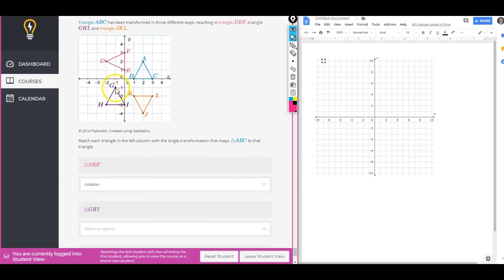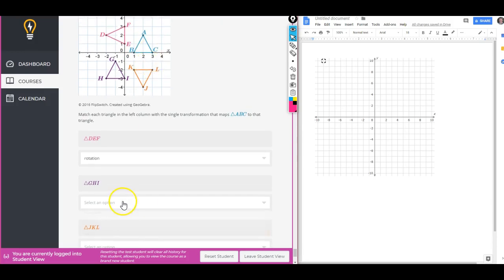So triangle GHI now, comparing to ABC. Again, it's not a dilation because I'm going to compare corresponding side lengths. So side length BC is 2 units, so its corresponding side length would be HI. It is 2 units as well, so it's not a dilation. So then I'm asking myself, okay, what happened from point A to point G?